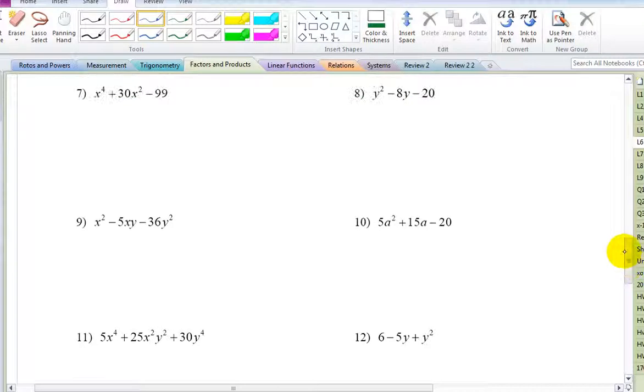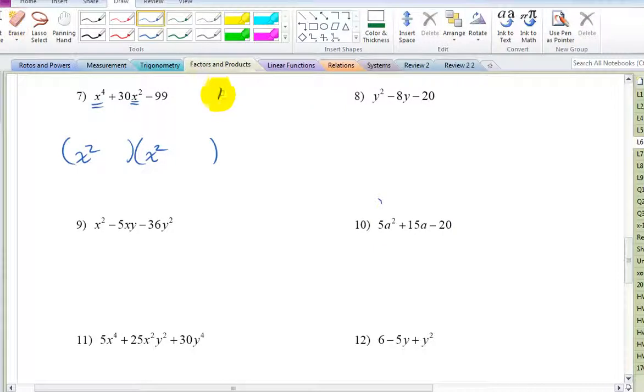So, some more weirder ones. X exponent 4. Well, have a look in the middle. What's going to be at the front of each of these? X squared. Okay, because there's nothing at the back, we don't put any letters at the back. Okay, sum and product. Product is what? -99, and your sum, positive 30. Go for it.